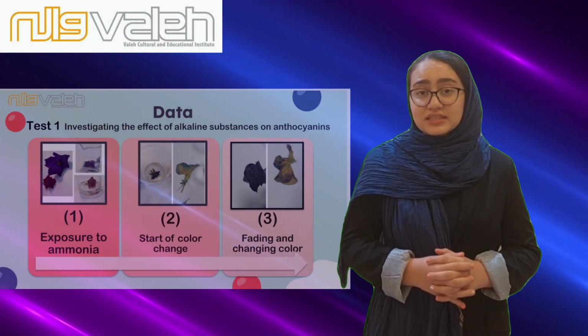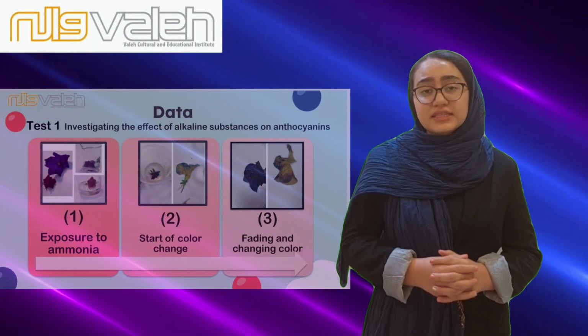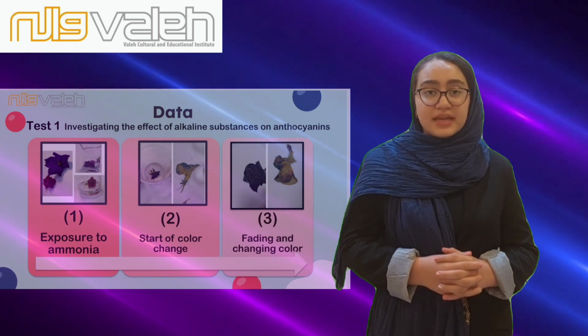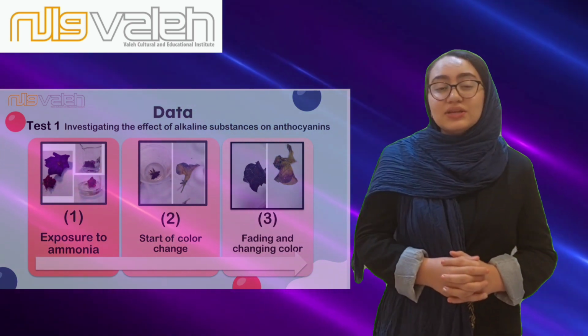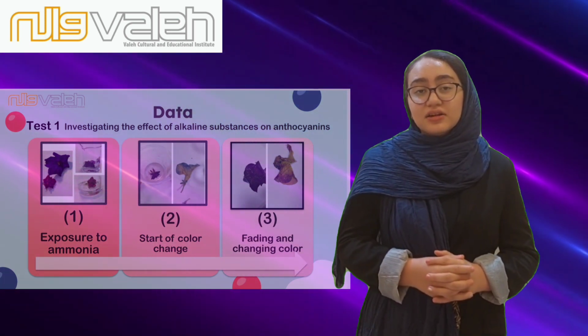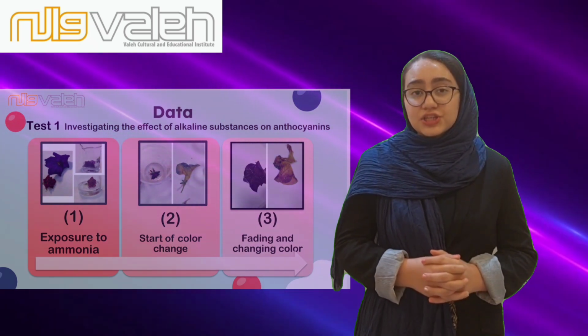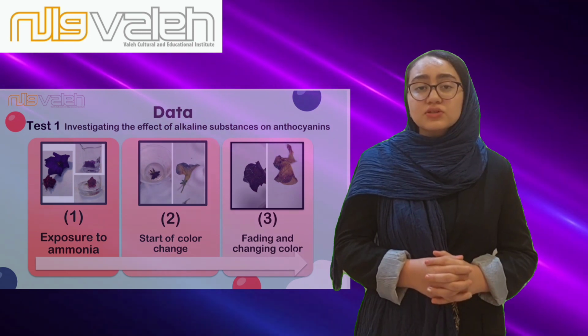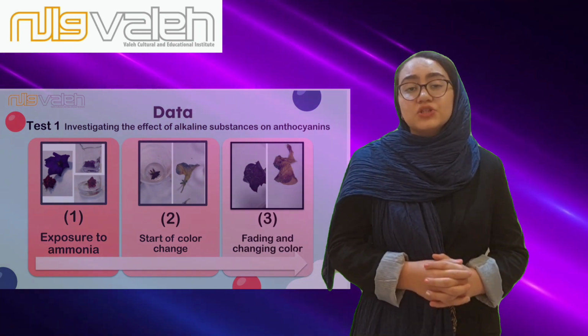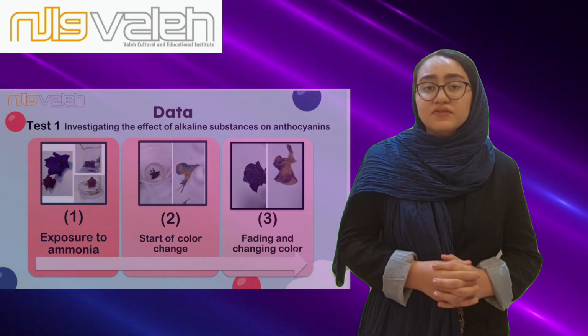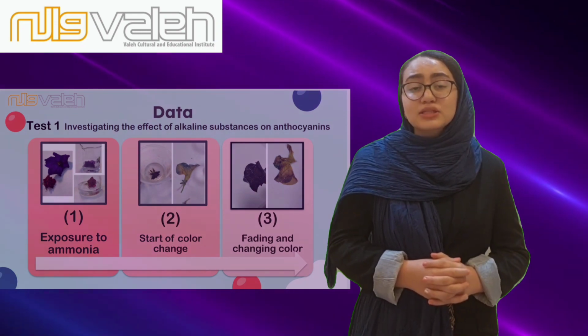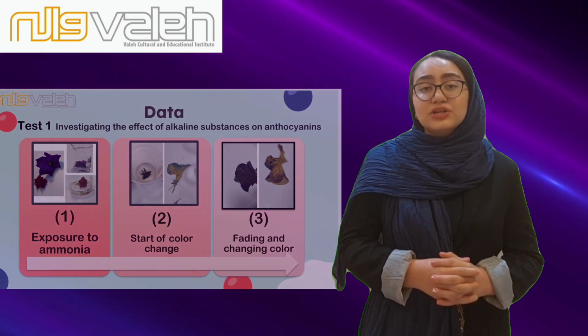About our experiment data. For the first test, which was carried out to investigate the effect of an alkaline substance on anthocyanin, you can see the first color of the flowers in picture 1. And then we can see the color change started when they were exposed to ammonia in the second picture, and we can observe the fading and color change happening to the flowers in picture 3.